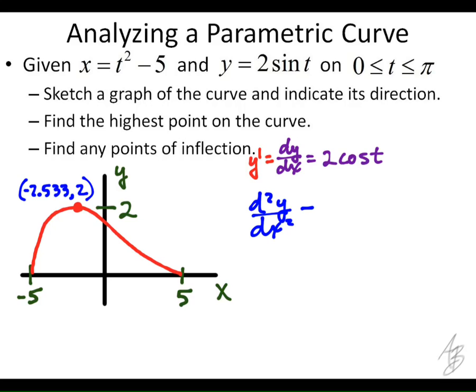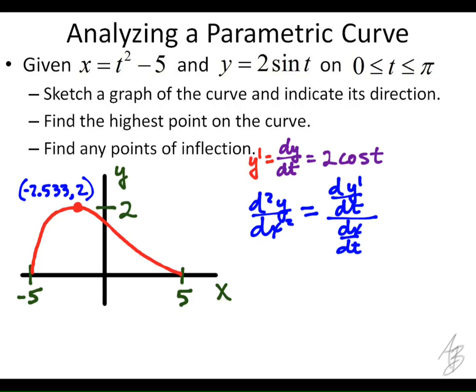That is the derivative of y prime with respect to t. Wouldn't it be dt? This is going to be the derivative of y prime with respect to t over what? dx dt. Now, I lied here.